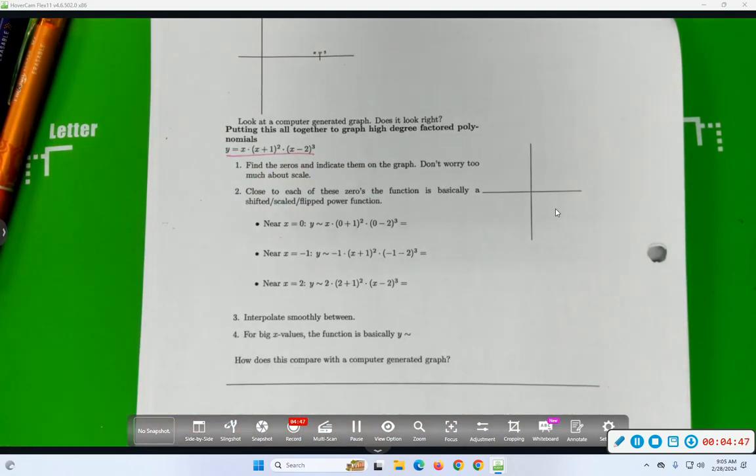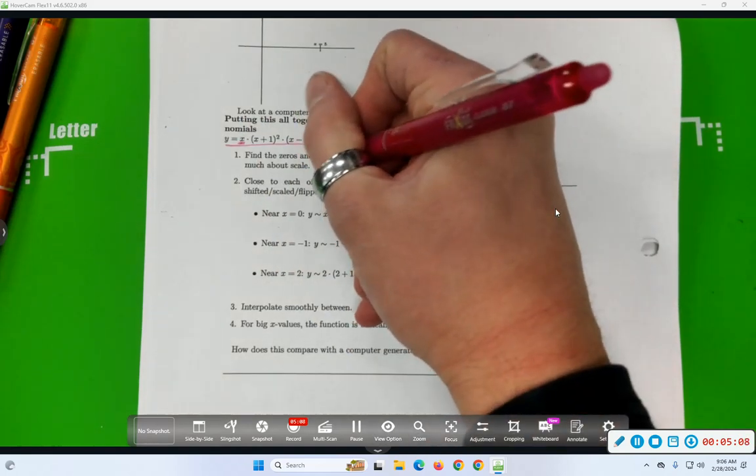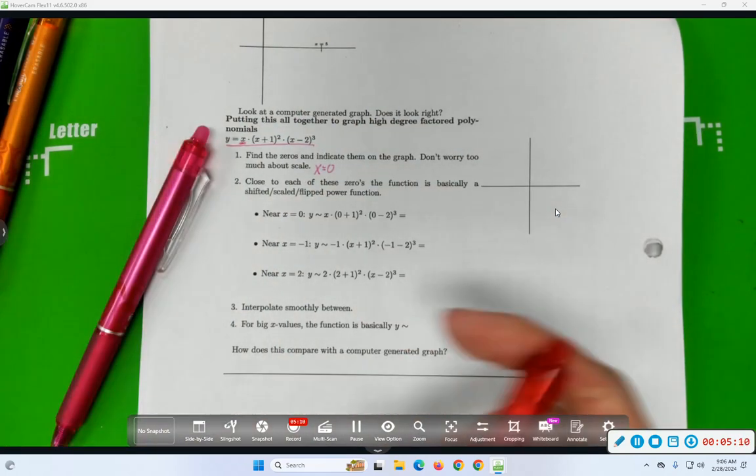Is it easy to say where the x-intercepts of that graph are? Where are they? 0, -1, and 2. Can you say why? I see a little factor of x, so that means x equals 0 is one of the roots.